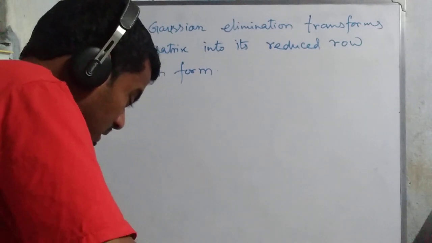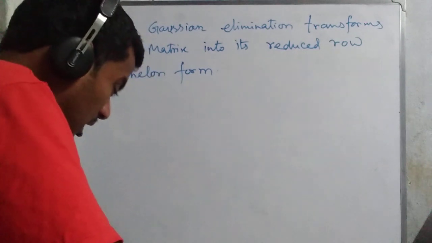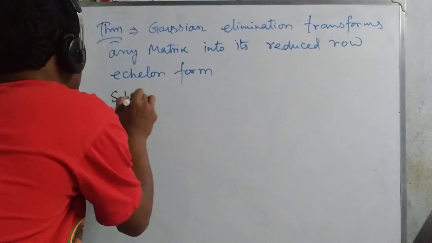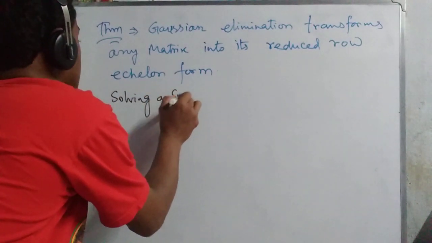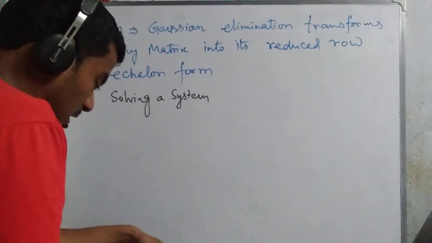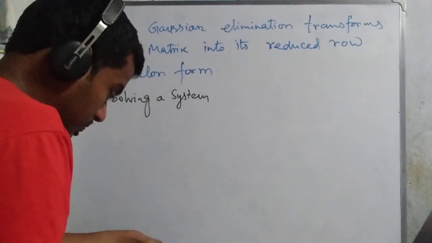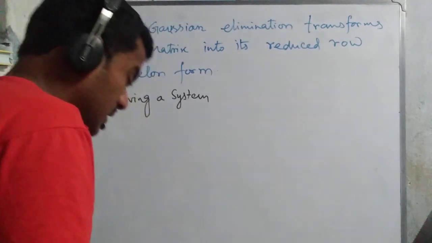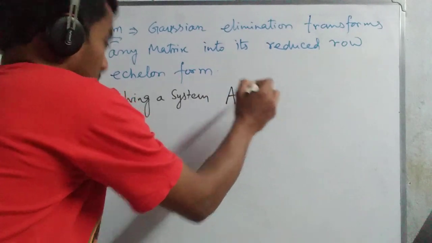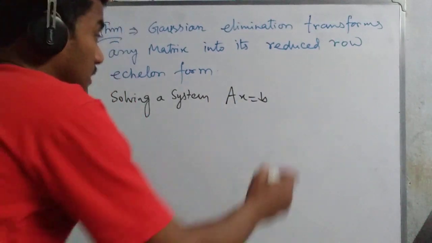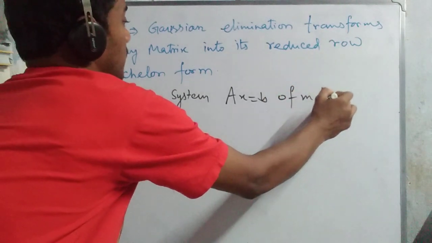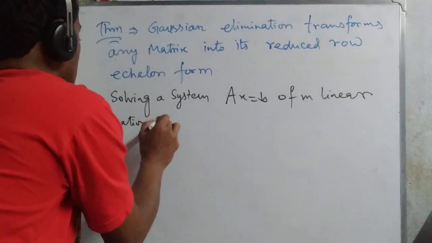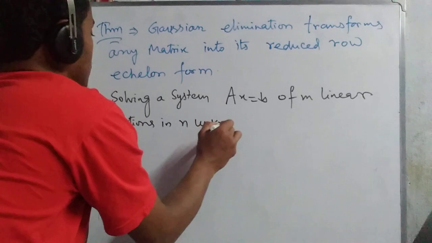First we think about solving a system Ax = b of m linear equations in n unknowns.